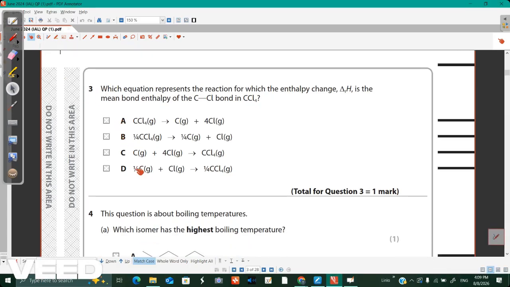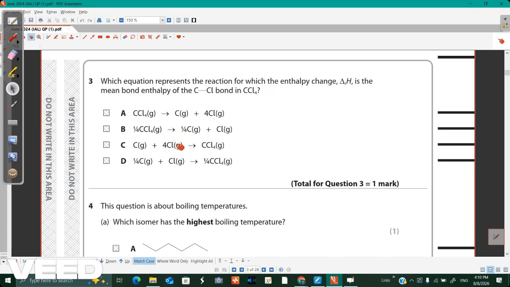Which equation represents the reaction for which the enthalpy change delta HR is the mean bond enthalpy of the carbon chlorine bond in CCl4, right? Mean enthalpy, right?